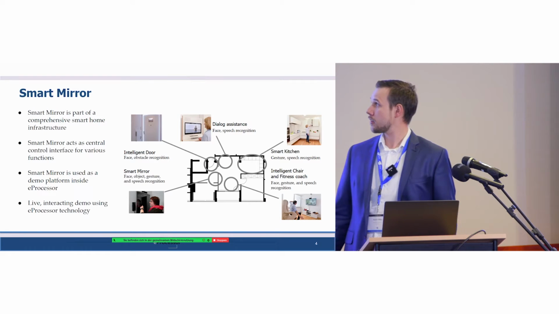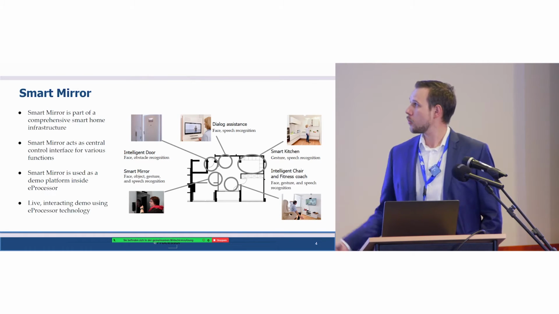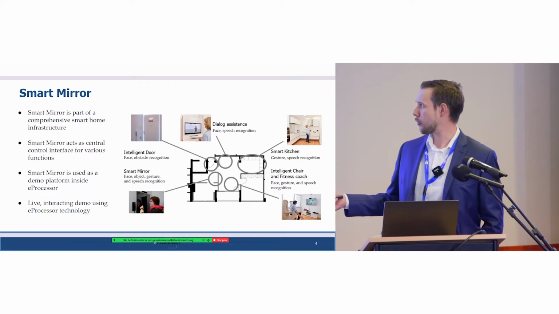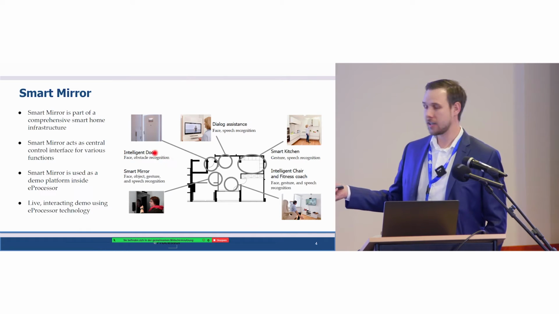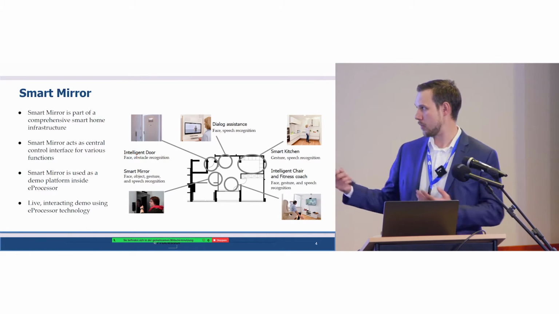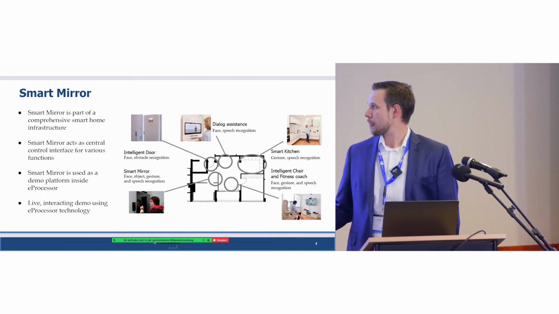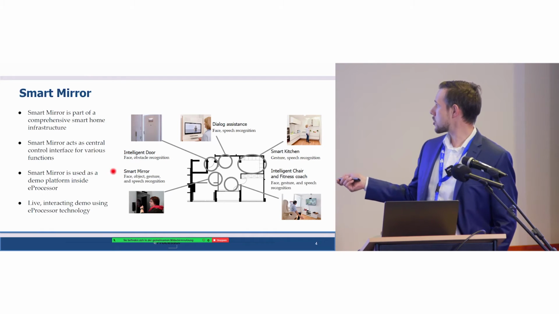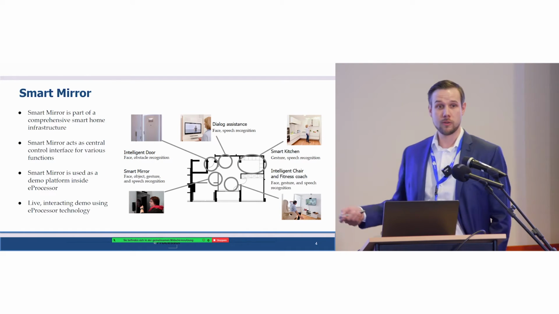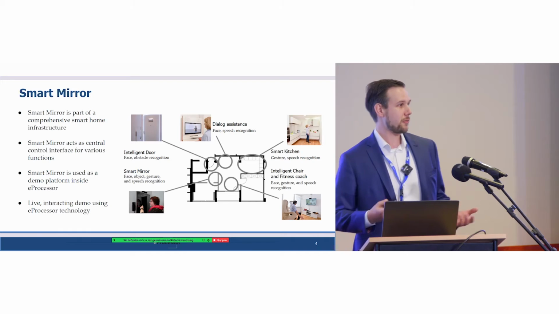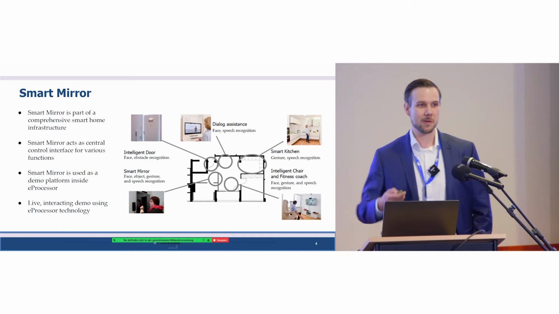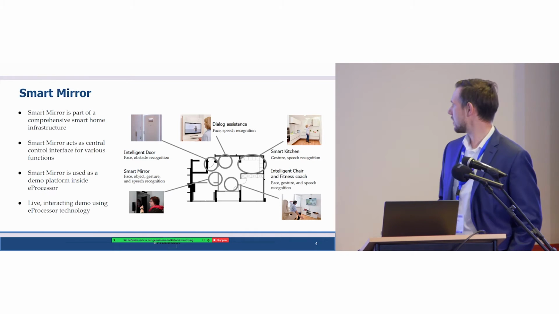In the smart home, we have, for example, an intelligent door which has some input-output capability. We have a smart kitchen which can help you cook. Maybe good for most of the male participants here to have a little bit of help in the kitchen.